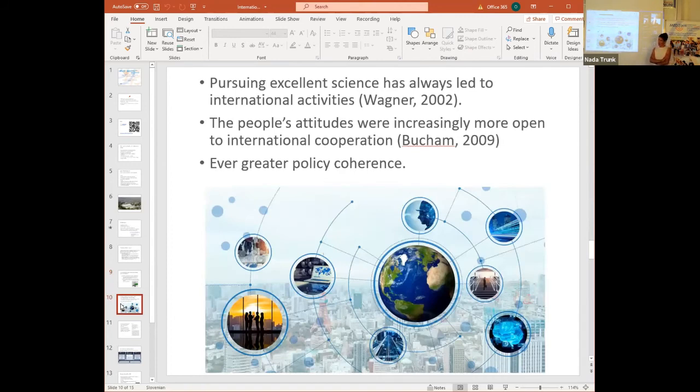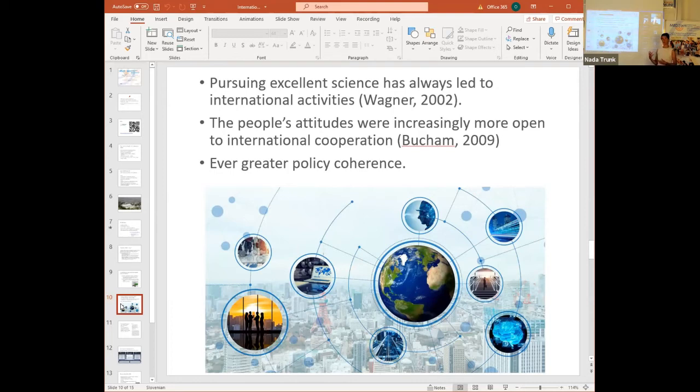Okay, so this is something that I think has been evident from the discussion and the quiz that we had, that pursuing excellent science has always led to international activities, but also people's attitudes are increasingly more open to international cooperation. And another thing that is important, that I have dedicated a little bit of research to some years ago, is that there's also greater policy coherence.